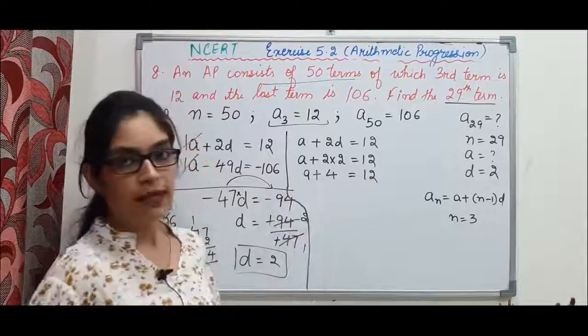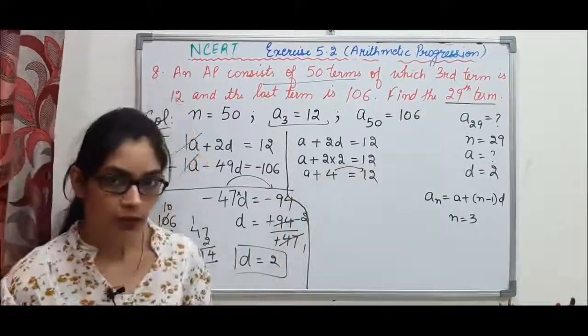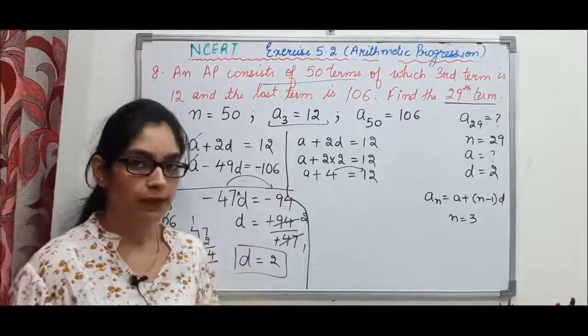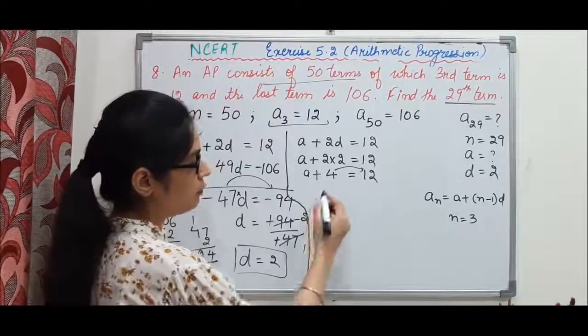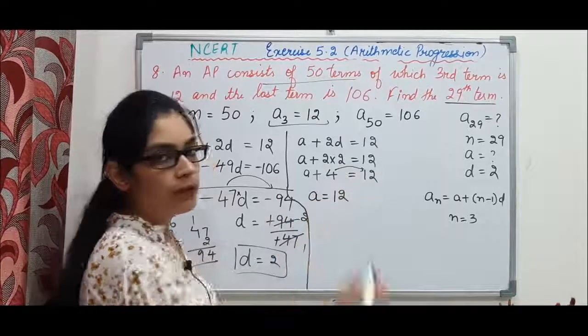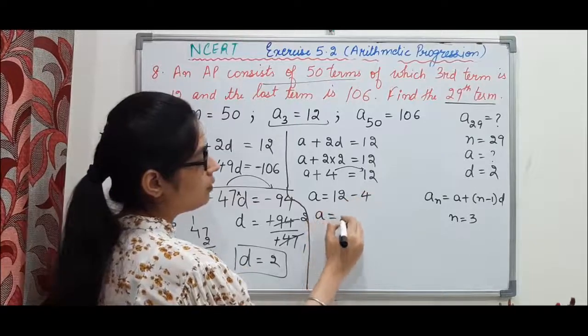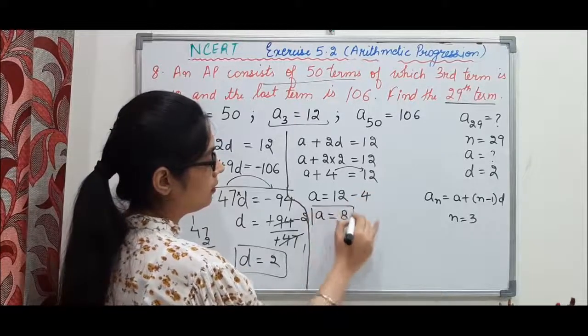A I have to find, so I keep A on this side and shift 4 to the other side, because whatever we have to find we keep on one side, and remaining terms we shift to the other side. So A is equal to 12 minus 4, which is 8.